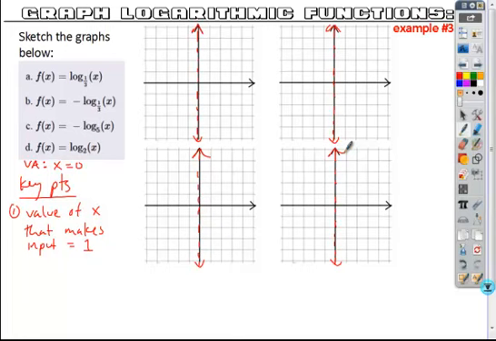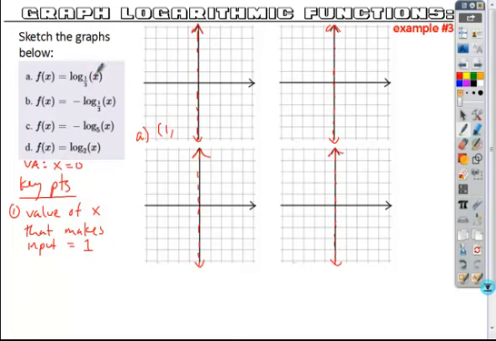Right, and then you find your key point. So the first key point is the value of x that makes your input 1. So what value of x makes this first input 1? Just the point 1, right? It just plugs right in. It's just x. So you know that your first point is 1. When you plug that in, think about 1/3 to what power equals 1.